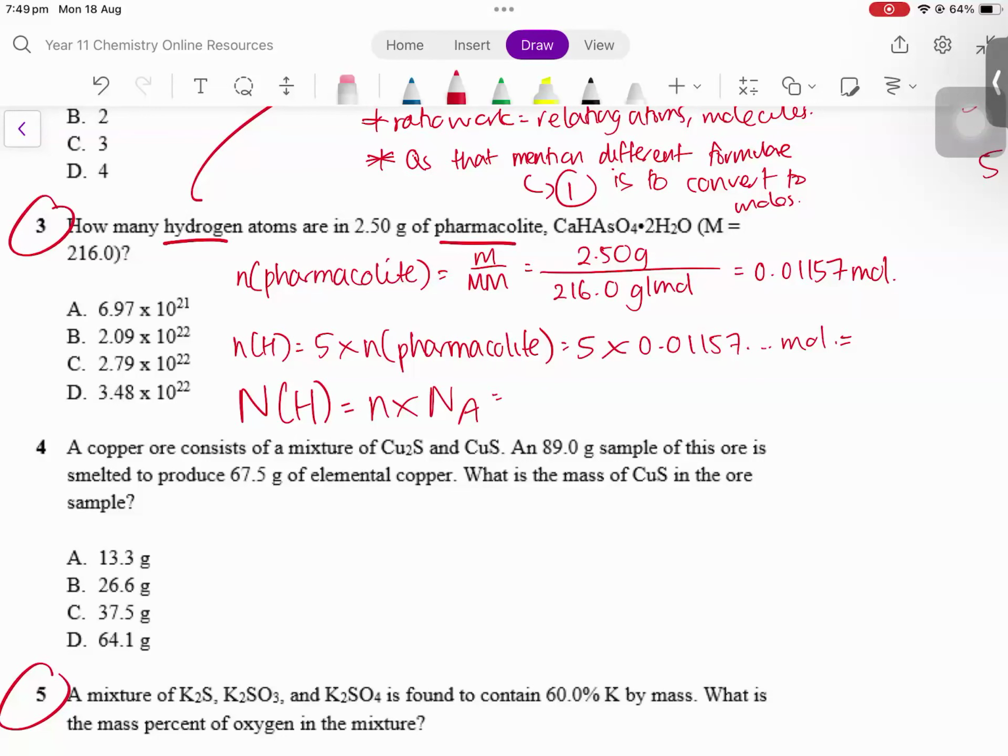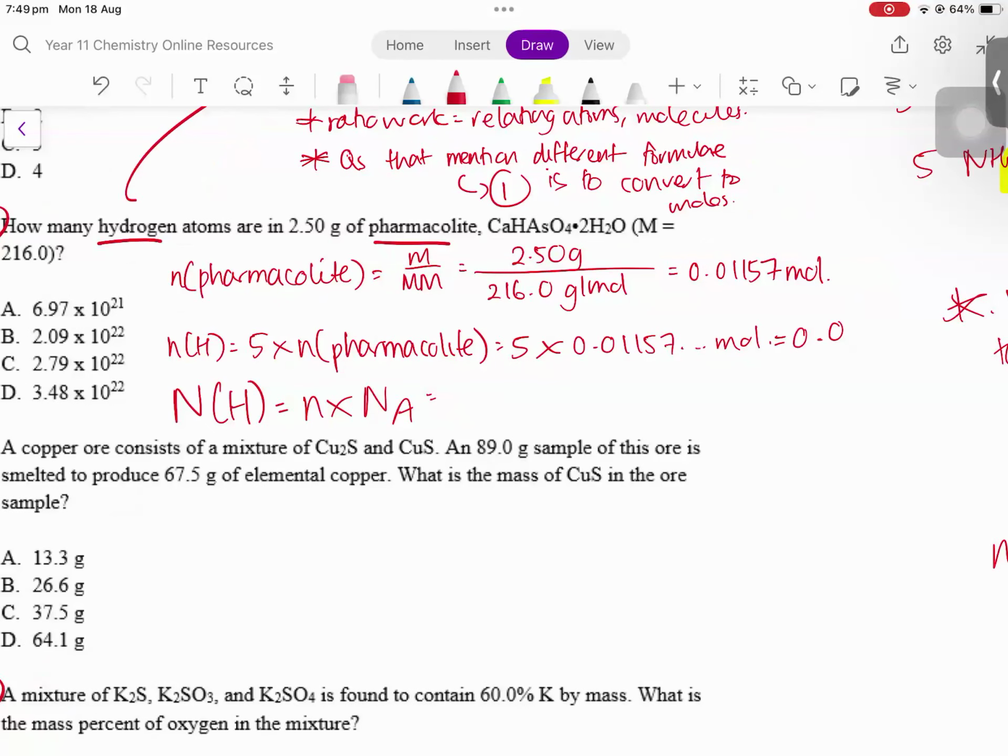I forgot to ask you for the moles of H. 0.0578-ish. And then we'll pop that into our last one where you do multiply by Avogadro's number.